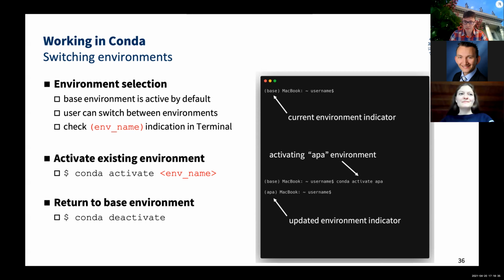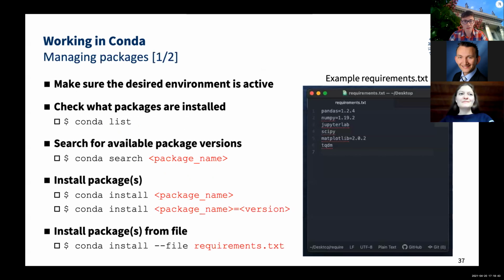Once you select the environment, you can then make different operations in each environment. You can install different packages and take care of that. In order to install packages, first, you need to make sure that the desired environment is active. In principle, you can also install packages not in an active environment, but in order to be sure, the simplest way to go about that is to make sure that you first select the environment you're interested in.